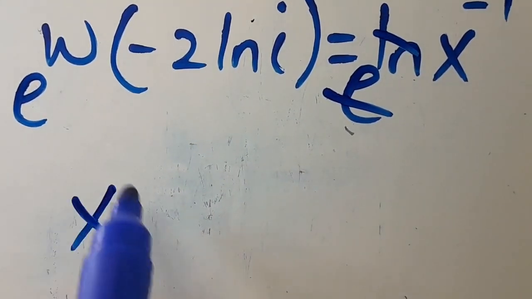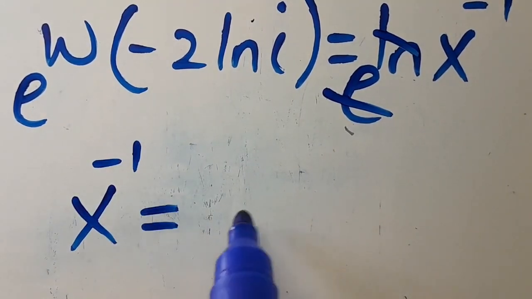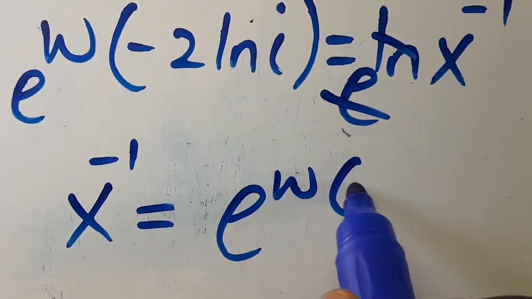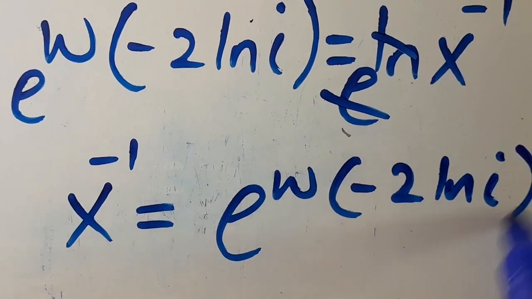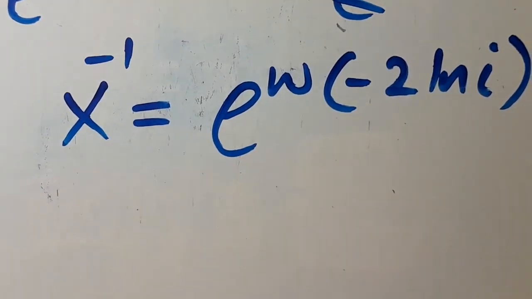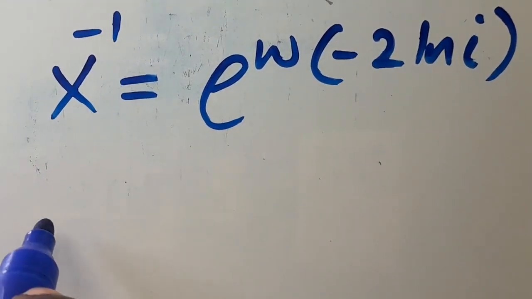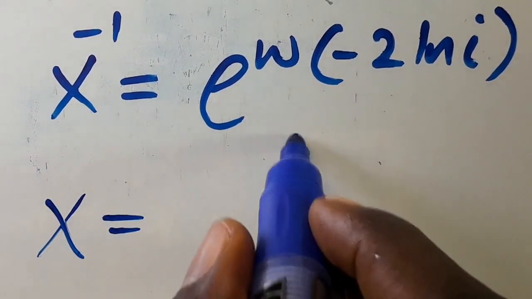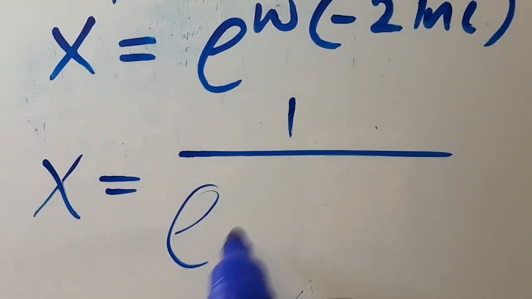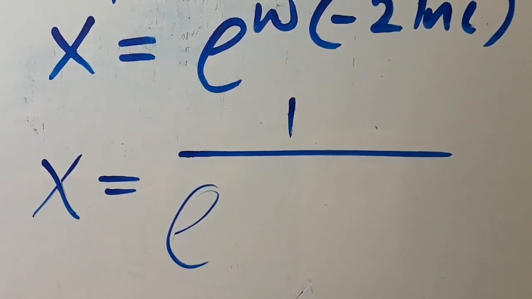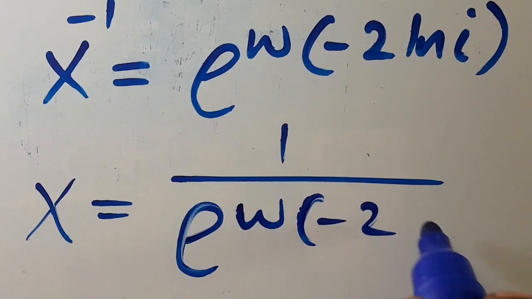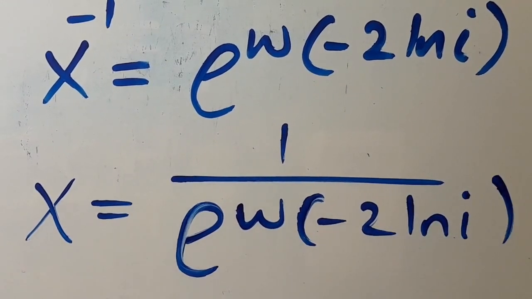So we are going to have x to the power of minus 1 equals e to the power of the Lambert W function of minus 2 ln of i. Then from here, when we take the reciprocal of both sides, therefore we have our x equals 1 divided by e to the power of the Lambert W function of minus 2 ln of i.